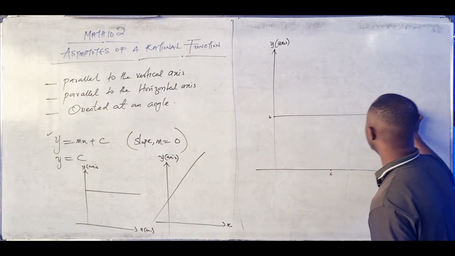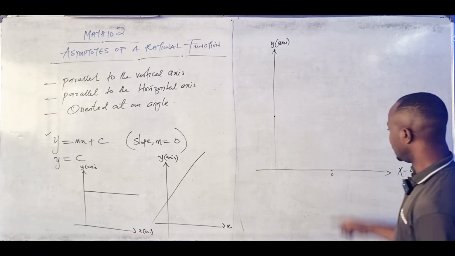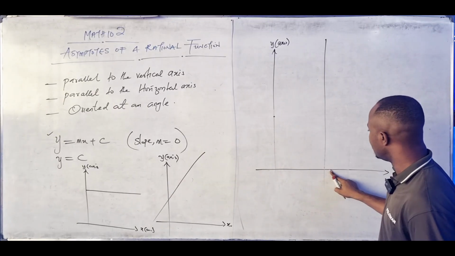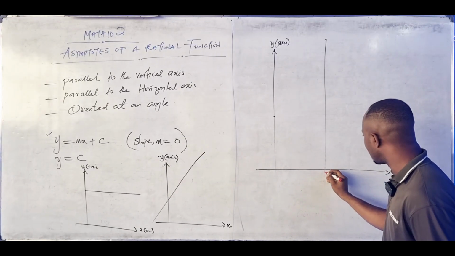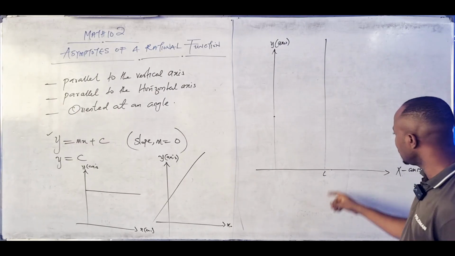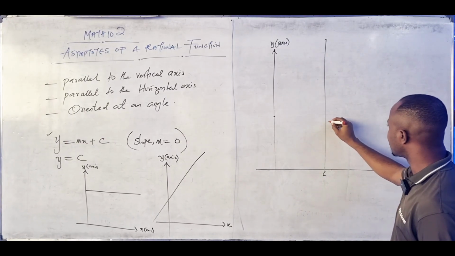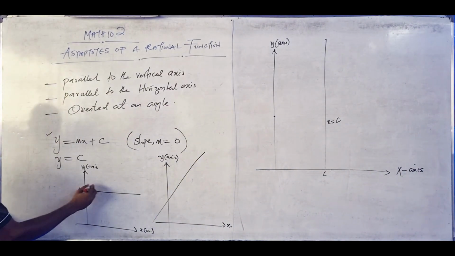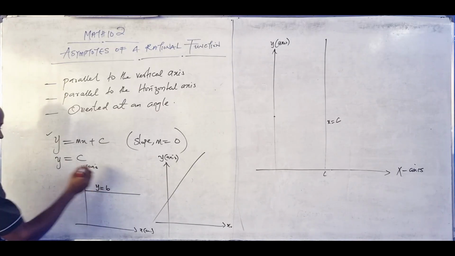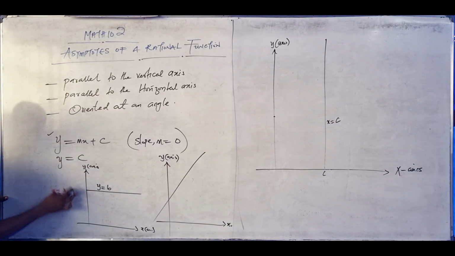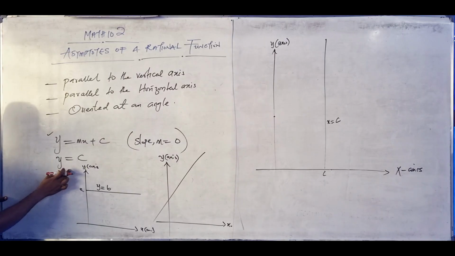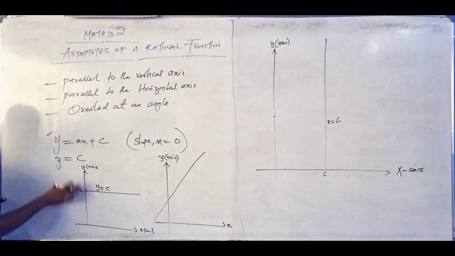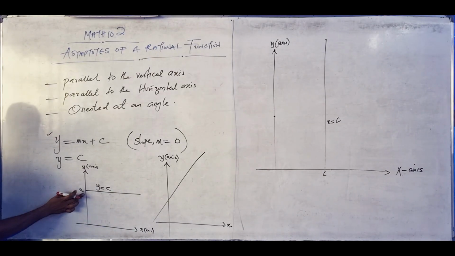This is for horizontal. Let's say I have a point C, and a line that is parallel with the y-axis, cutting the x-axis at point C. At this point, we are saying that x is equal to C. For the horizontal one, if I have B here, we are saying that y is equal to B. But let's use the word C here: when your m is 0, y equals C. We can use any alphabet to represent the value.